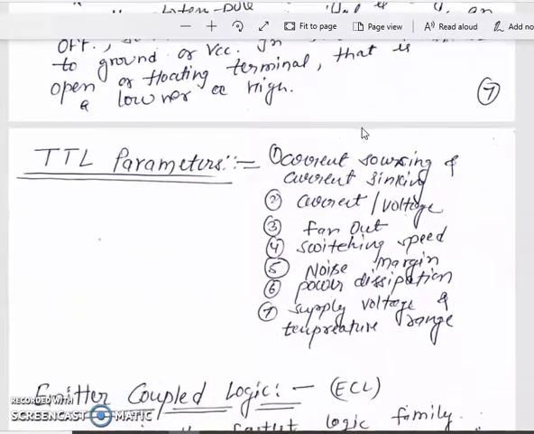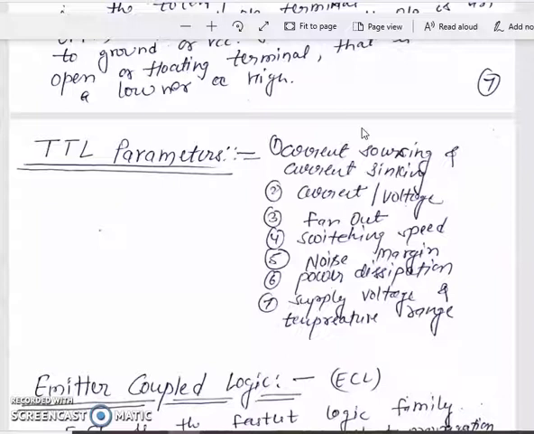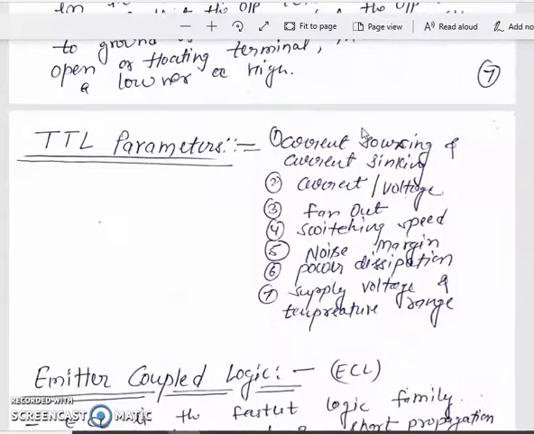What are the basic TTL parameters? Current sourcing and current sinking, current and voltage, fan out, switching speed, noise margin, power distribution, power supply, and temperature range. In the examinations, we have many questions from the logic families.